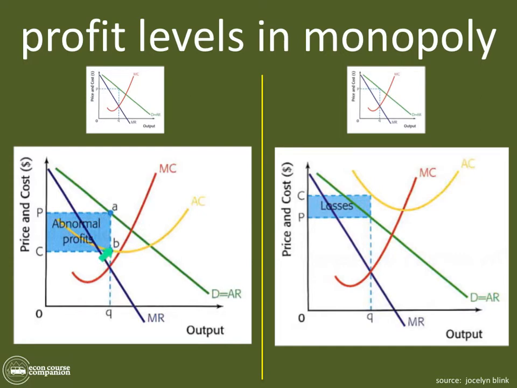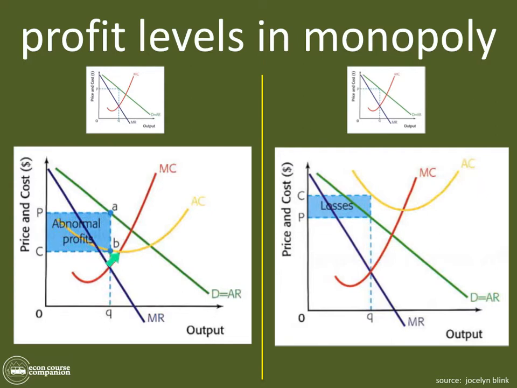So at every cost level between this intersection of the marginal revenue and marginal cost curves, if their average costs are between these two points, they will make abnormal profits, as seen in this diagram. So if you get a question that says, show abnormal profits in a monopoly, you draw that diagram, you find Q, you come down here, you draw your average cost curve.